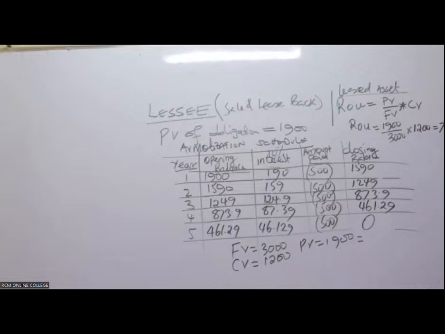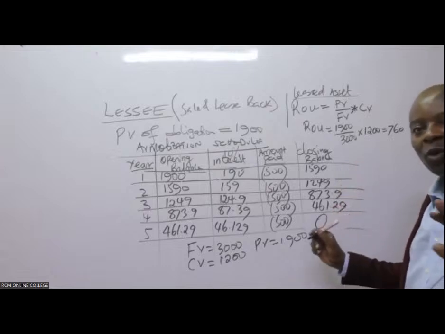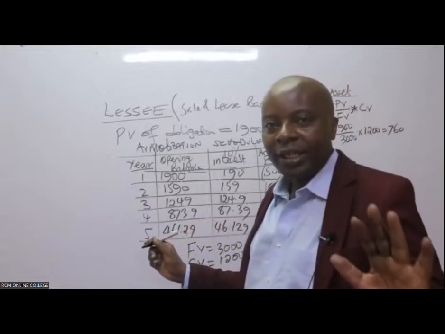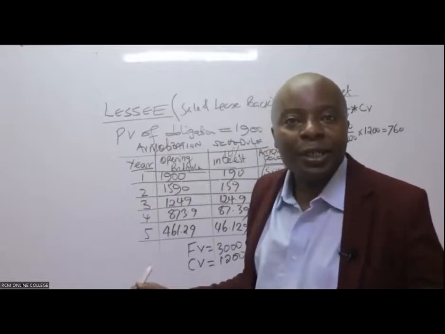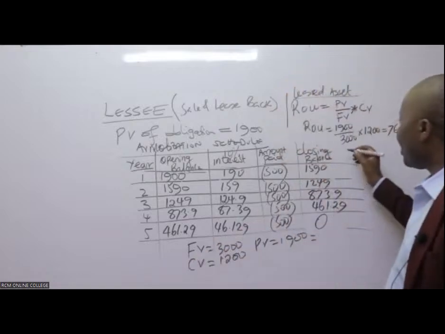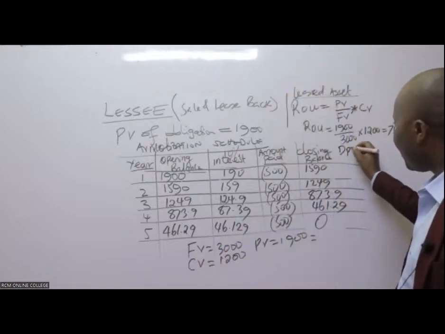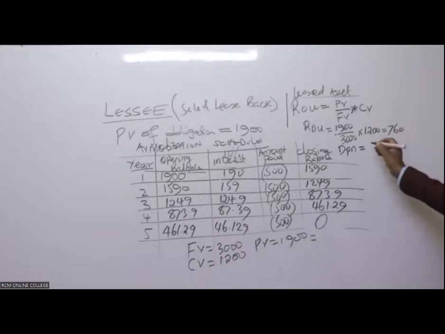Now, ladies and gentlemen, remember the moment I get this 760, this is a leased asset, so it's as good as now belonging to the lessee. The lessee is the one who has the right of use, so the lessee shall depreciate it. Depreciation is always straight line, so it will be 760 over the lease life.